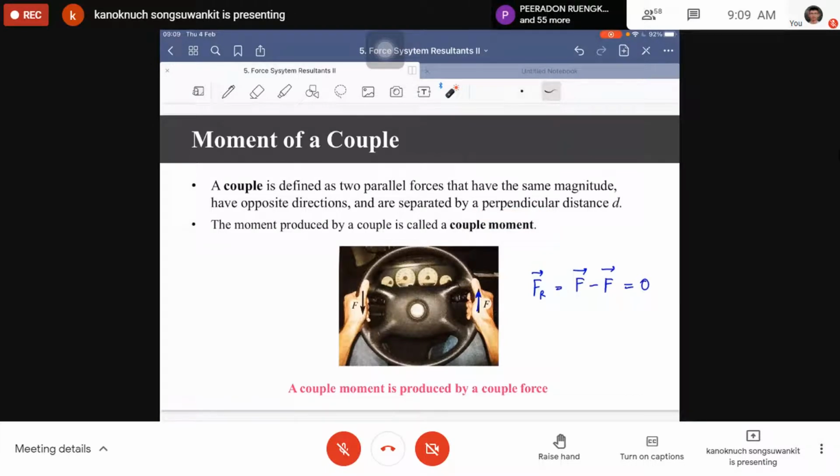So the result from the couple is just a couple moment. For example, on this steering wheel, we exert two forces from both hands with equal magnitude. One will pull down while the other will push up. Because the resultant force equals 0, the only movement is rotation, but we don't have any translation.